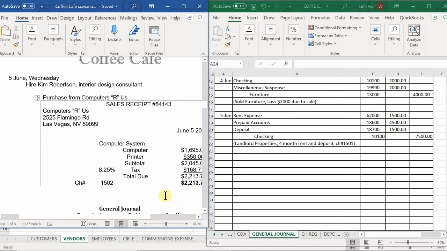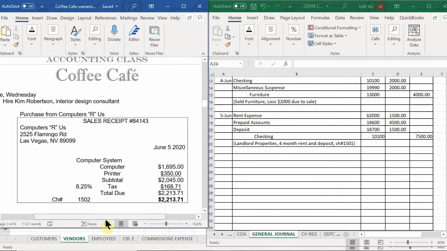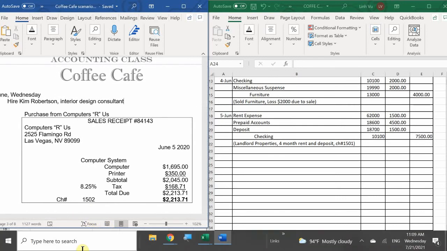So then, next thing is next. What did we do here? That's an invoice, right? This is not an invoice.